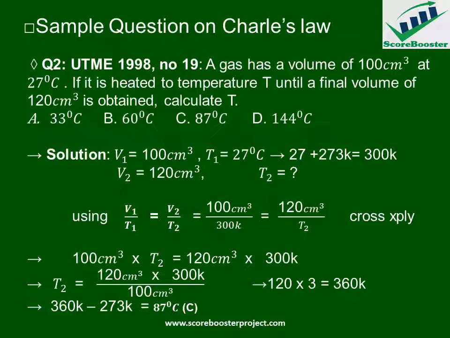So to convert 360 Kelvin to degrees Celsius, we subtract 273 from it, and therefore that will give us 360 Kelvin minus 273 Kelvin, which will give us 87 degrees Celsius, making option C the correct answer for this particular question.